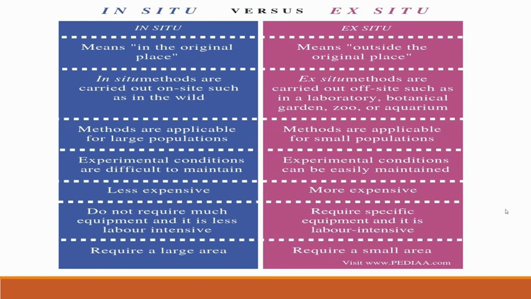In situ is less expensive, ex situ is very expensive. In situ does not require much equipment and is less laborious, while ex situ requires a lot of equipment and can be labor intensive. In situ requires a large area while ex situ requires a smaller area, I think.